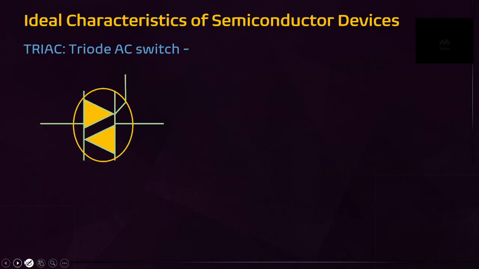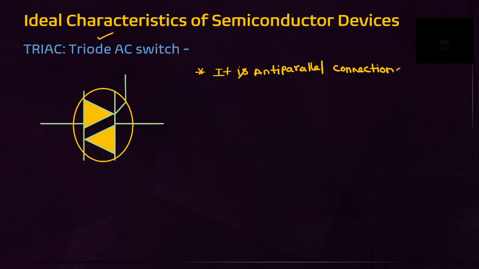Next, we have to concentrate on the ideal characteristics of the triac. Triac stands for triode AC switch, friends. A triac is an anti-parallel connection of two thyristors. It is an anti-parallel connection of two SCRs.